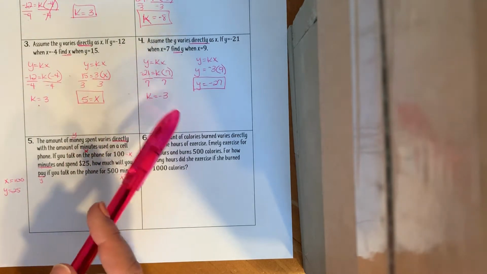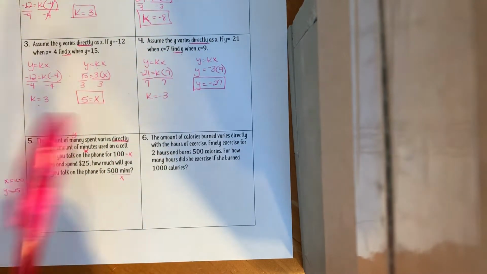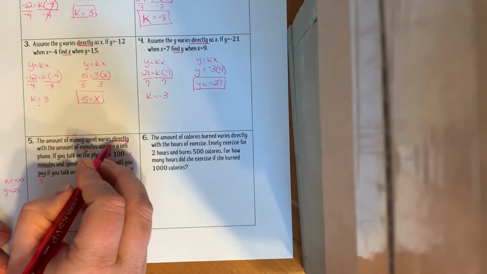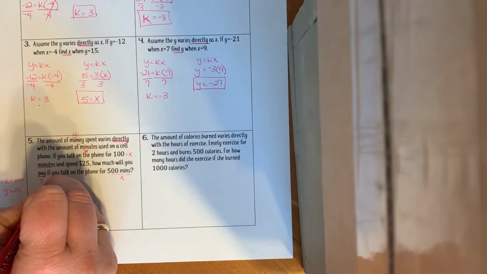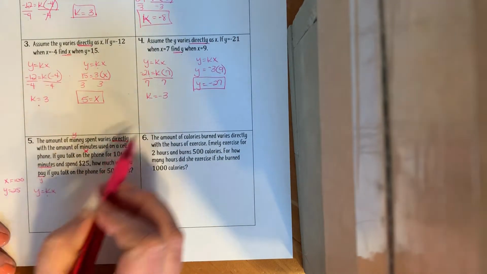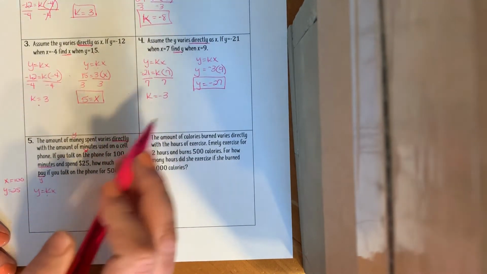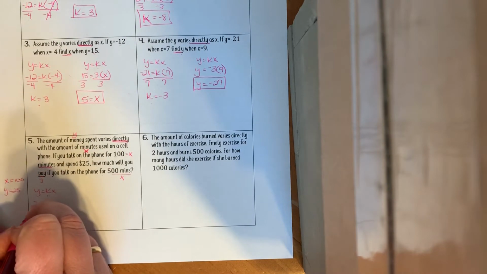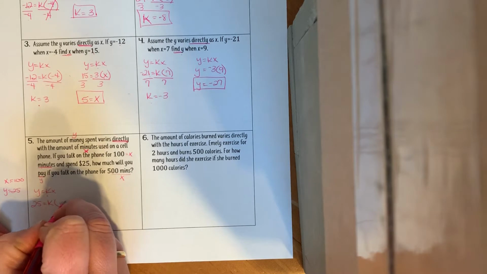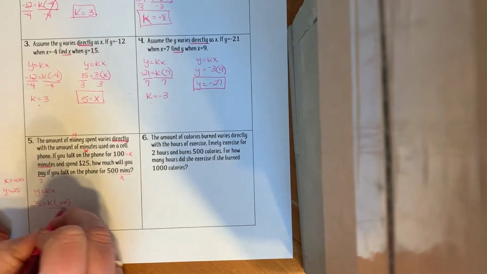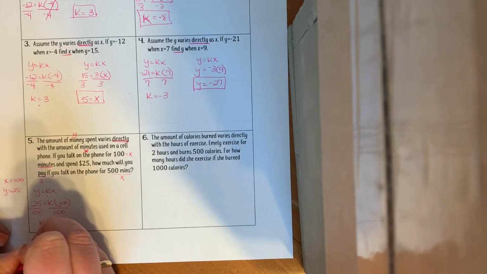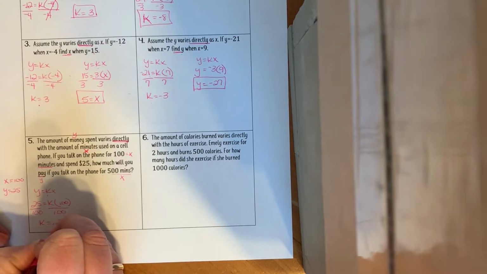So this is going to be similar to number 4 up here, just it's a real world problem. So we're still going to use the direct variation. So y equals kx. So in this case, we have to find k first, just like we did here. We found k first. So y is 25. We don't know what k is. 100 is x. Divide by 100 on both sides. We get k equals 0.25.